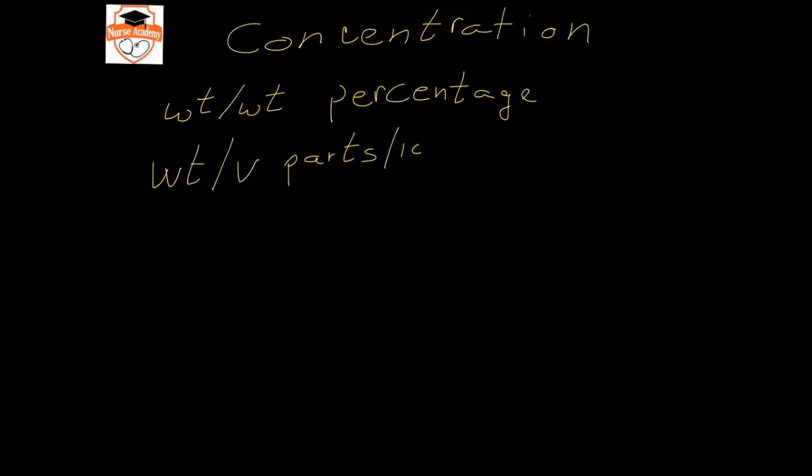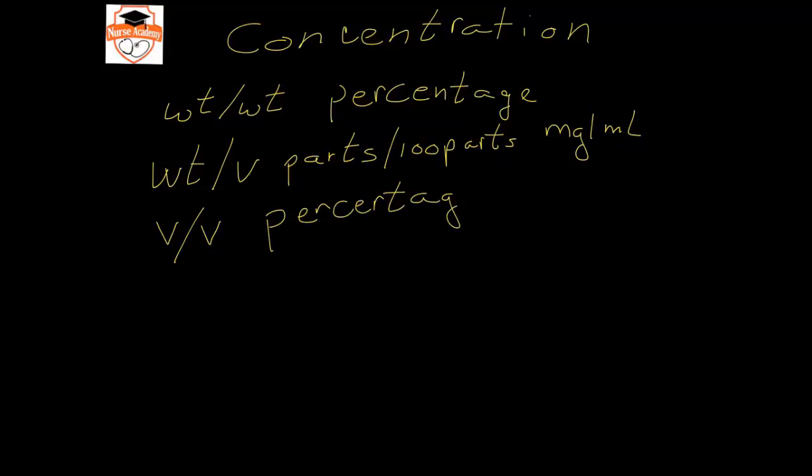So we would usually discuss this as milligrams per milliliter. Or we can discuss it as volume to volume, and this is again usually a percentage. Or what is commonly used in chemistry is molarity, which is moles of solute in 1 liter of solution.